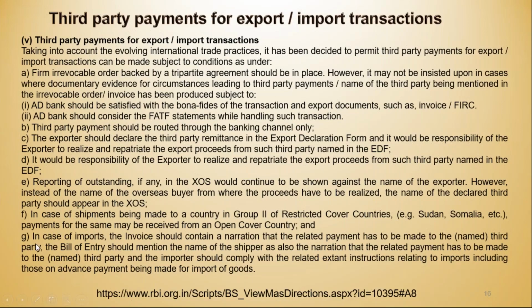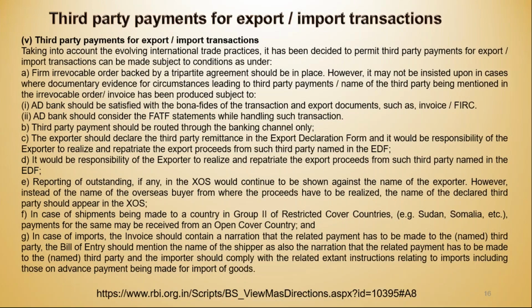In case of imports, the invoice should contain the narration that the related payment has to be made by the named third party, and the bill of entry should mention the name of the shipper and also the narration that the related payment has to be made by the third party. Means in the bill of entry, in case of import, you have to mention who is going to make the payment. The third party details must be mentioned.